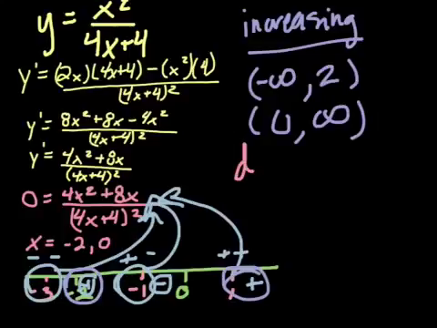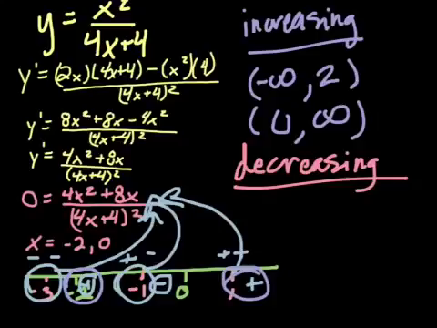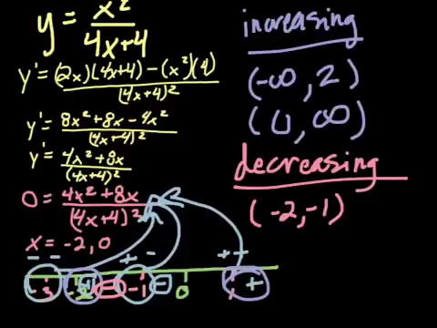It is decreasing at -2, -1, right there, and -1, 0, right there. And that is it.